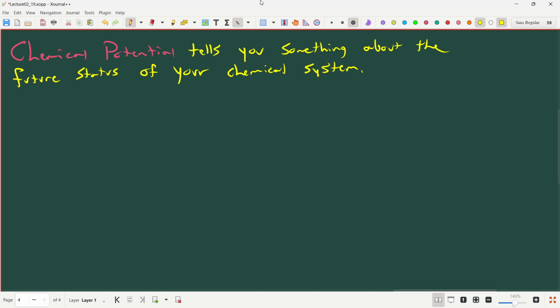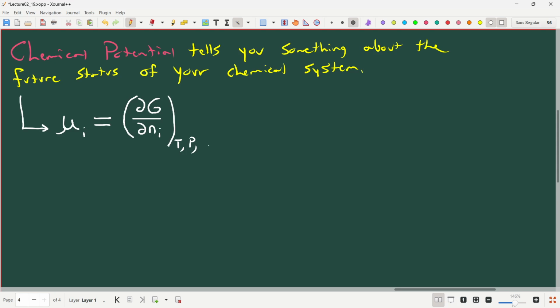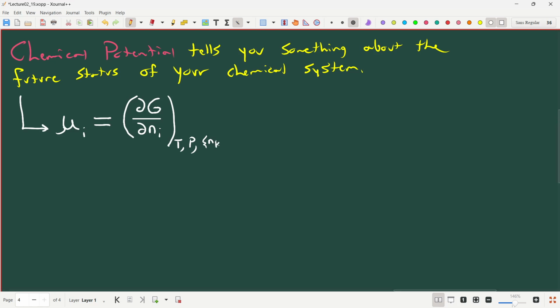So one way you can think about this is that the chemical potential of a material is the change in the Gibbs energy with respect to that mole number at constant temperature, pressure, and other components that aren't that one.